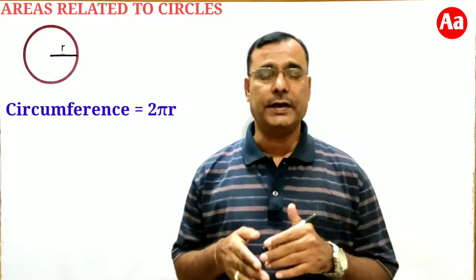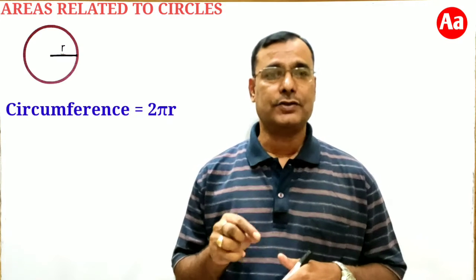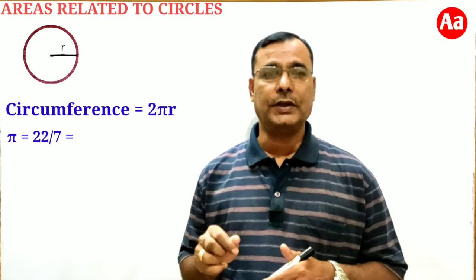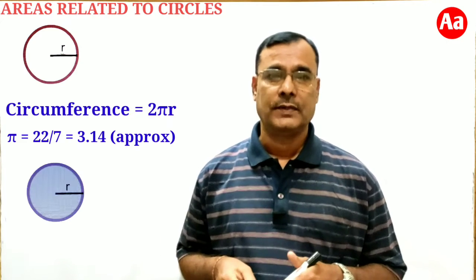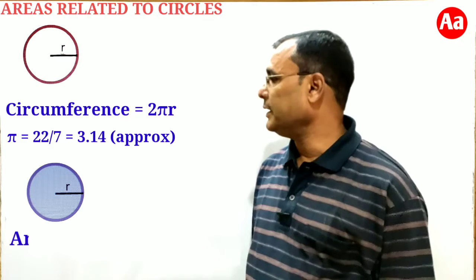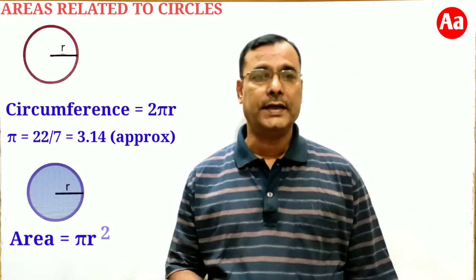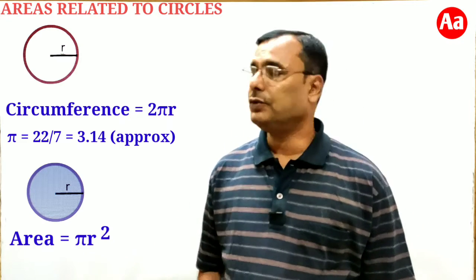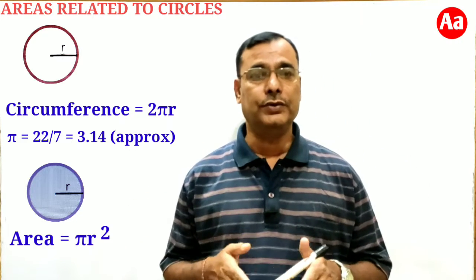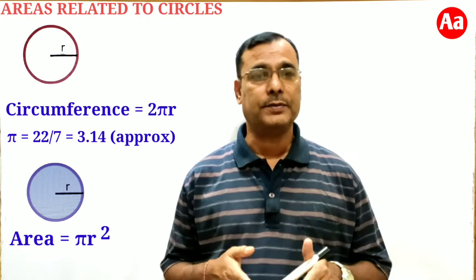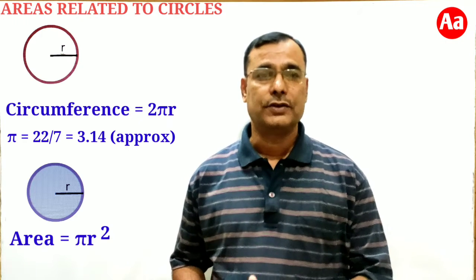An approximate value of pi is taken as 22 by 7 or 3.14 up to 2 places of decimal. The area of a circle of radius r is equal to pi r square. So these are some formulas which we are going to use for solving different types of questions in exercise 12.1.